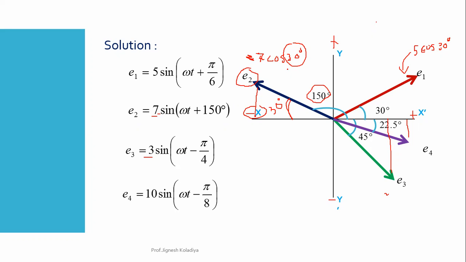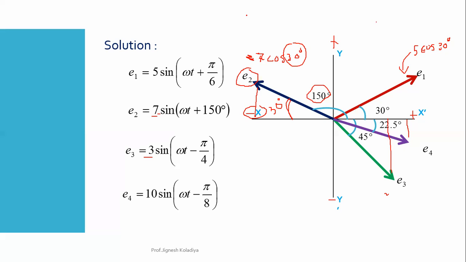If you have a calculator, you can just do minus 7 into cos 30. You will get minus 6.06. And if you take 7 into cos 150, again you get the same answer. At that time, you do not have to take this negative sign if you are considering 150, because this 150 angle is with respect to the positive x-axis. 30 degree is with respect to the minus x-axis.